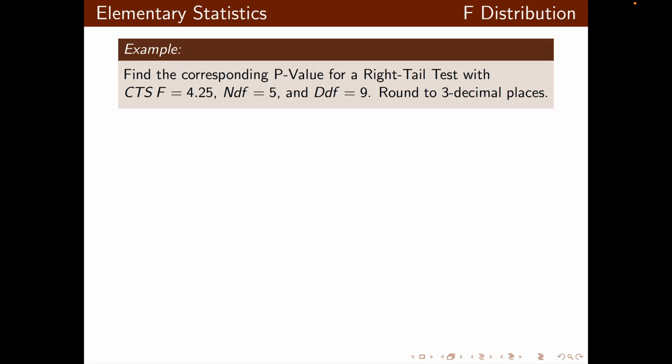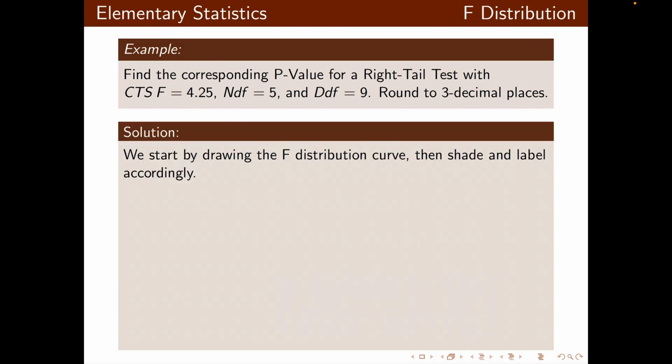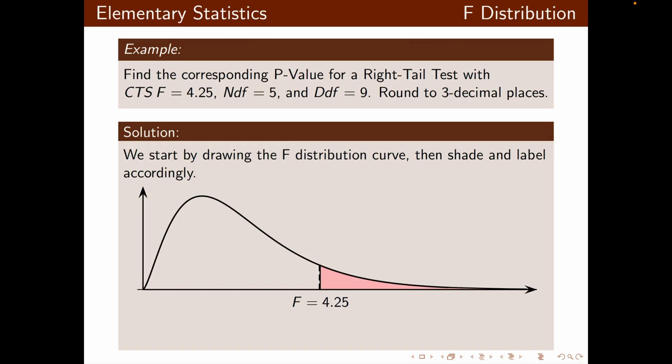In this example, we want to find corresponding p-value for a right-tailed test with CTS F of 4.25, numerator degrees of freedom 5, denominator degrees of freedom 9, and we're going to round to 3 decimal places. Again, we're going to draw, we're going to label, we're going to shade. This is a right-tailed test, so we're shading on the right.